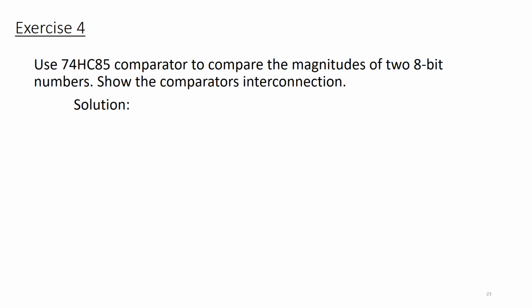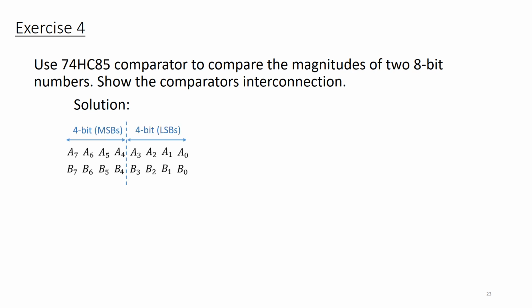So exercise 4: let's say we use a 74HC85 comparator. We want to compare the magnitudes of two 8-bit numbers. So how do we do this connection? We use a cascading input from the lower 4-bit LSB comparator to the higher 4-bit MSB comparator.